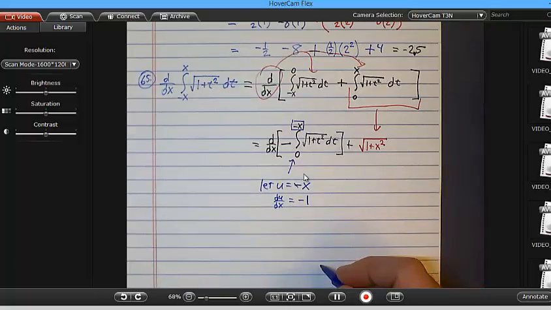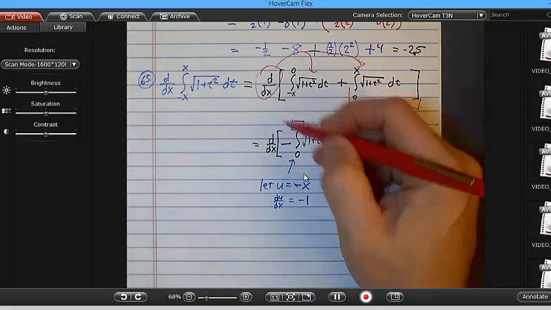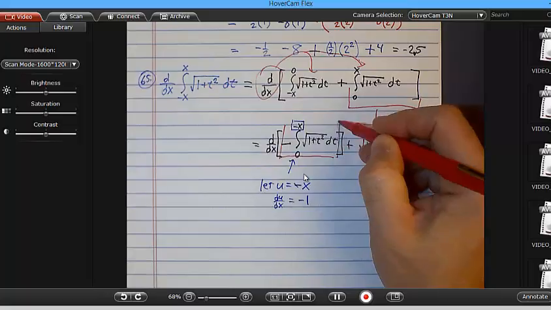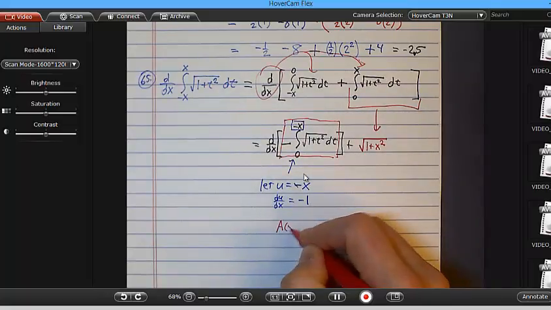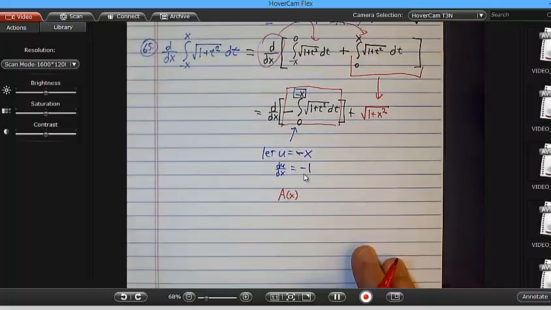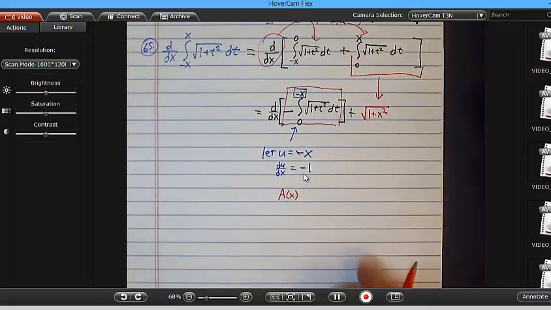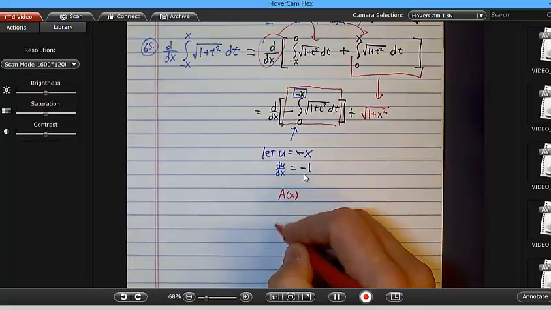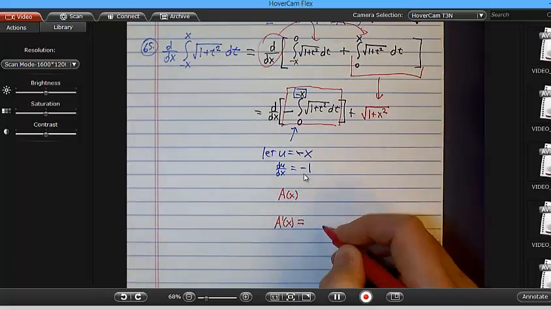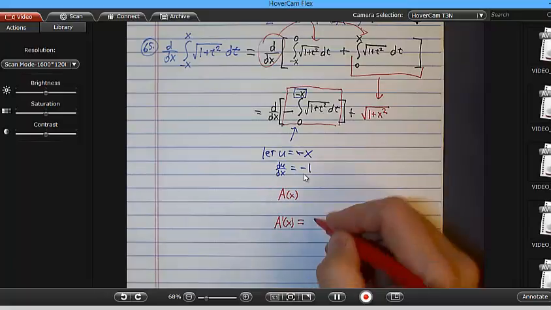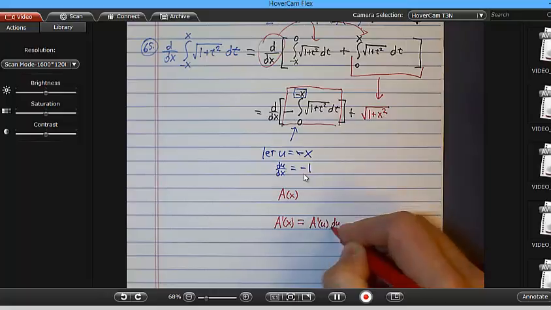And if I call this whole big thing a of x, then I can say that a prime of x is equal to a prime of u times du dx.